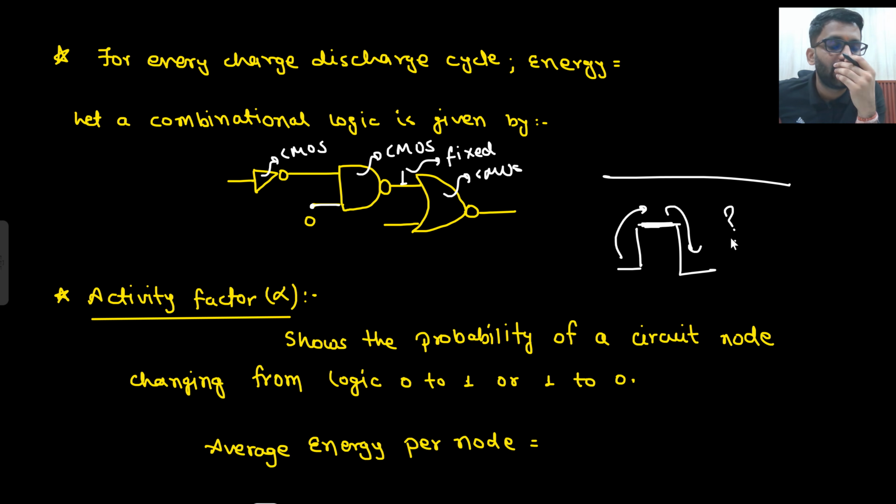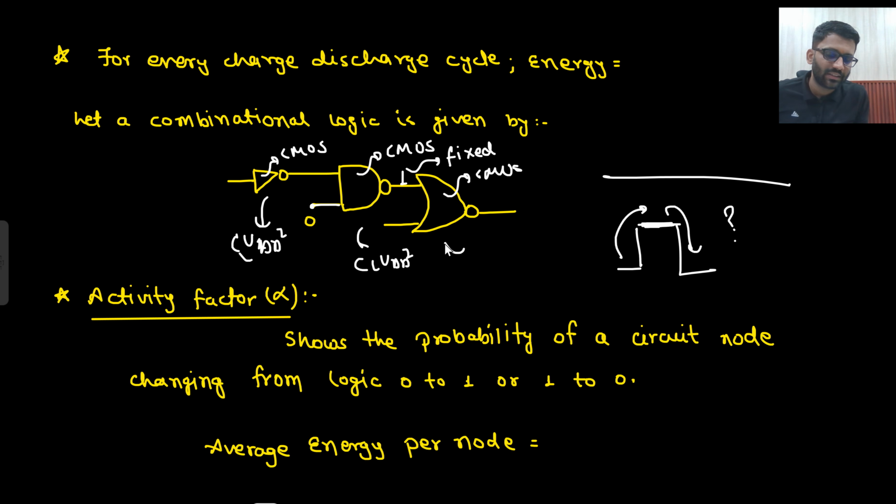So how much dynamic power is it taking? 0. And if you apply the formula, you will say, sir, this CMOS will take CL VDD square, and this CMOS will take CL VDD square, and this CMOS will also take CL VDD square. So you will say that combined it is 3 CL VDD square, that much energy is dissipated. But that is wrong, because output here is fixed.